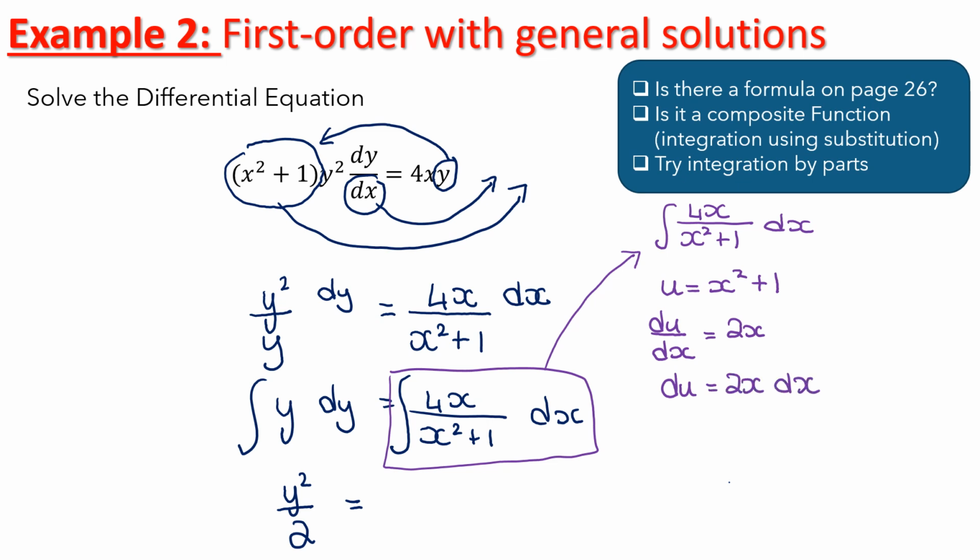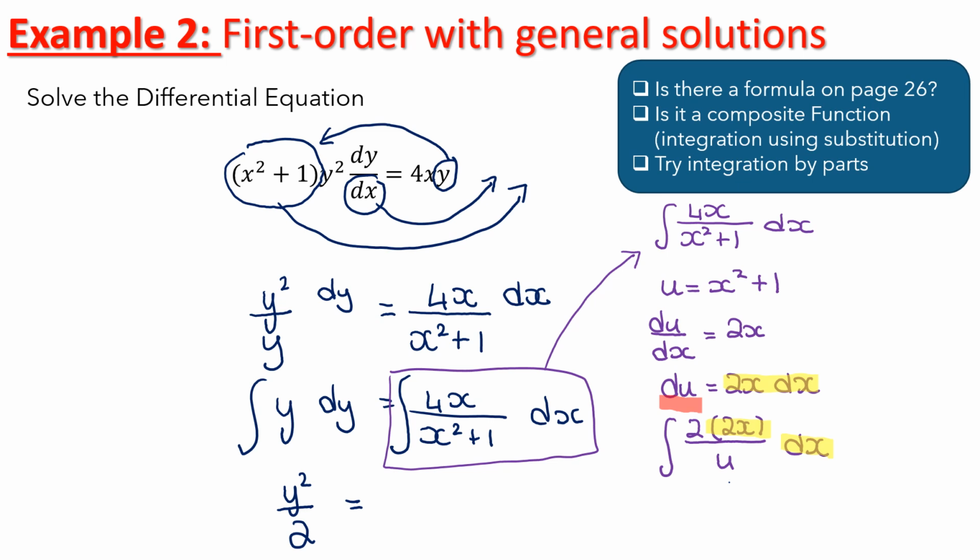Now if we look at this integral, I can have 2x all over u dx. And then this part here, 2x dx, can be simply replaced with a du.